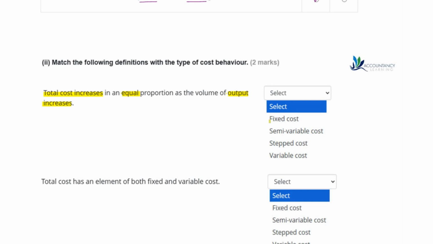So we've got our options here to the right hand side: fixed cost, semi-variable cost, step cost or variable cost. So as the output increases and our total costs increase, this is a variable cost. So the total cost increases, and importantly, it's in an equal proportion. So that's going to be your variable cost.